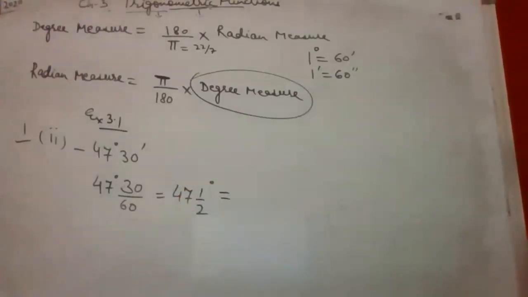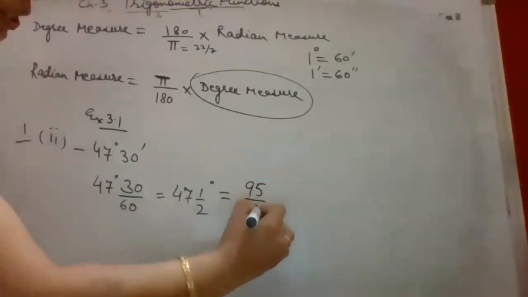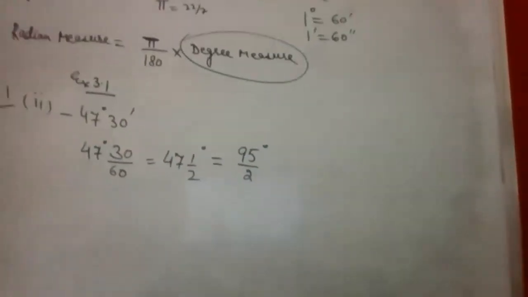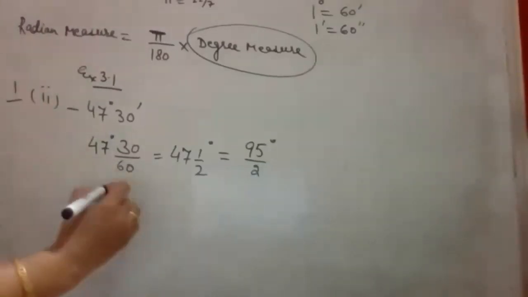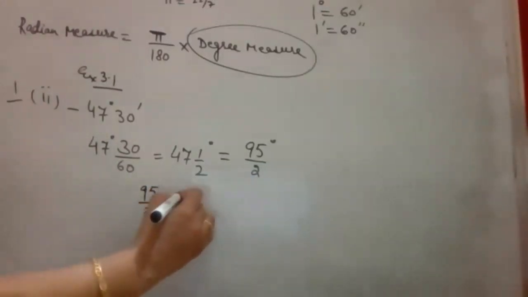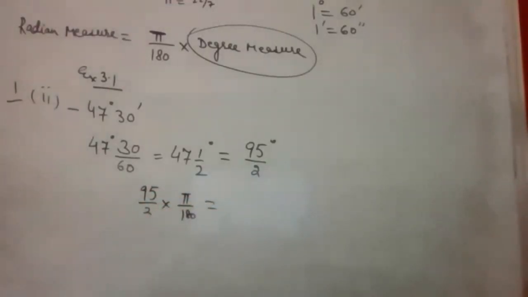This is a mixed fraction converted to pure fraction. So this is 95 by 2 degrees. So completely the angle is in terms of degrees now and we need it in radians. So let us find it out in radians. For radian, we will multiply it by pi by 180 and we'll simplify this.